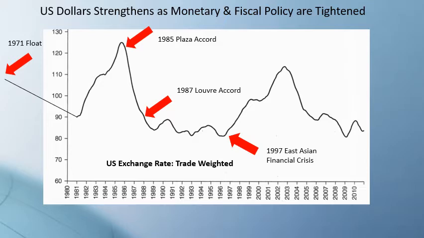And this works, but there's a further agreement signed 2 years later, the Louvre Accord, where instead of just intervening in the foreign exchange market, the Louvre Accord makes them also agree to using fiscal and monetary policy to clear trade imbalances, right?